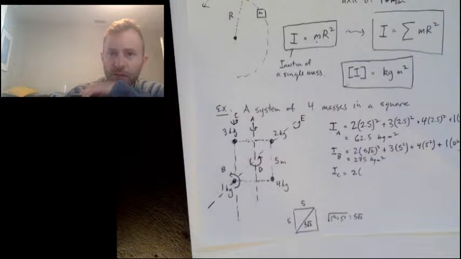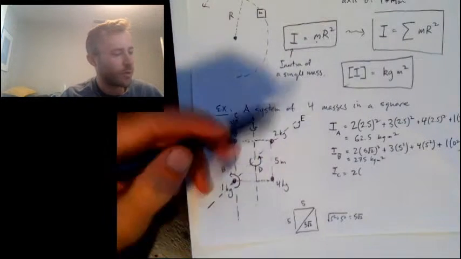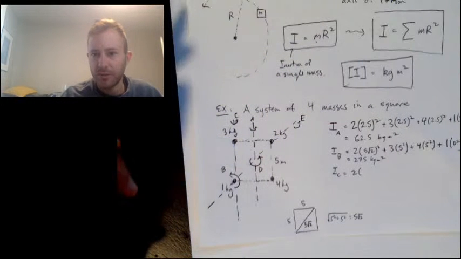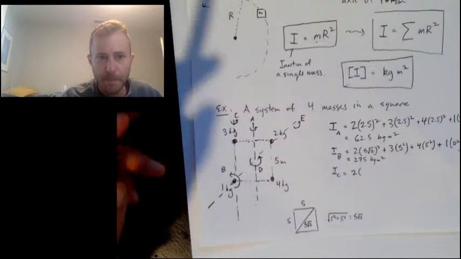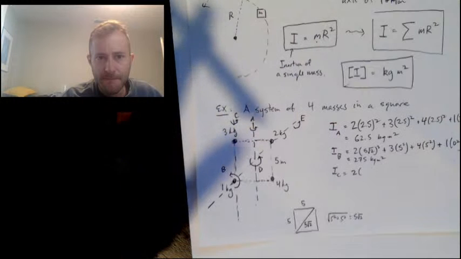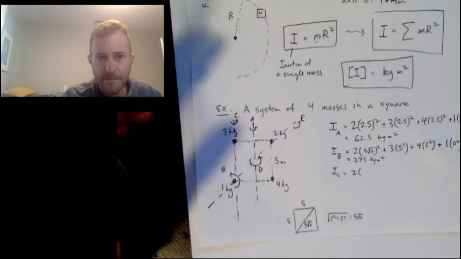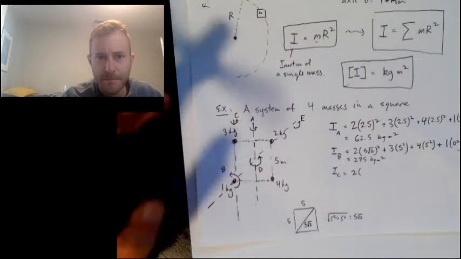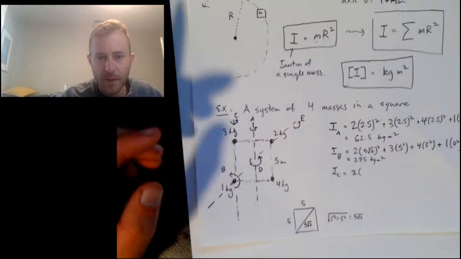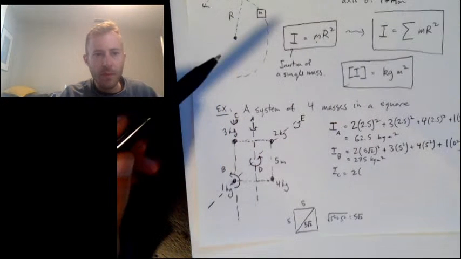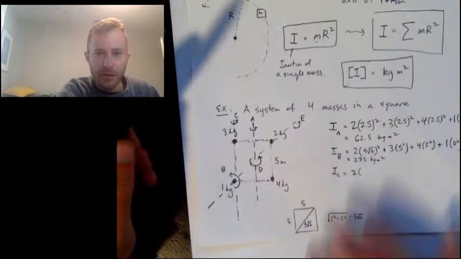The question is, how far is the 2 kilogram mass away from axis of rotation C? Five, excellent. Thank you.